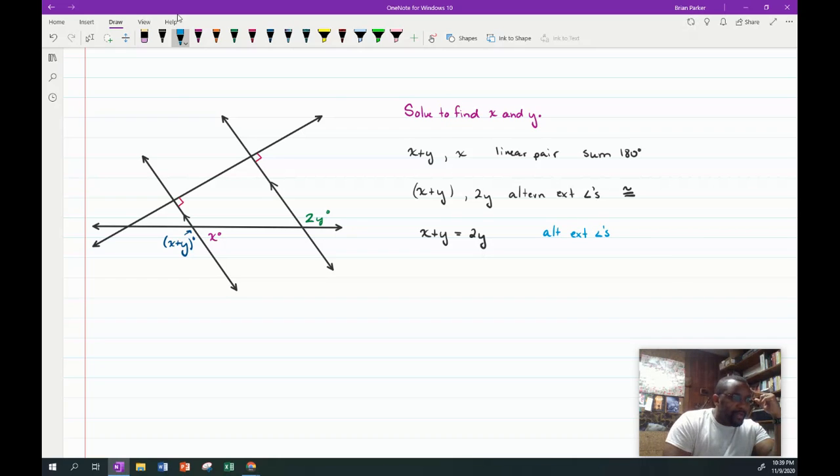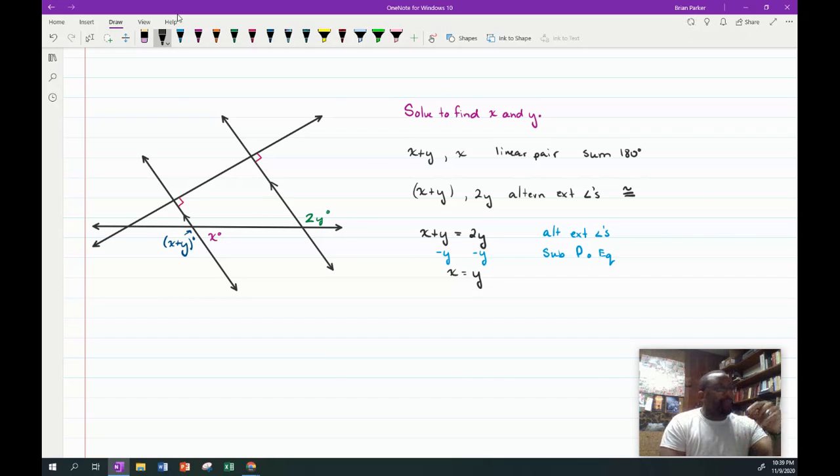All right. So then I'll just go ahead and solve it. I'll subtract y from both sides. That's just because of the subtraction property of equality. Right? And so I'm going to get x equals, well, 2y minus y is 1y. So that's pretty cool. So now I know that x equals y.